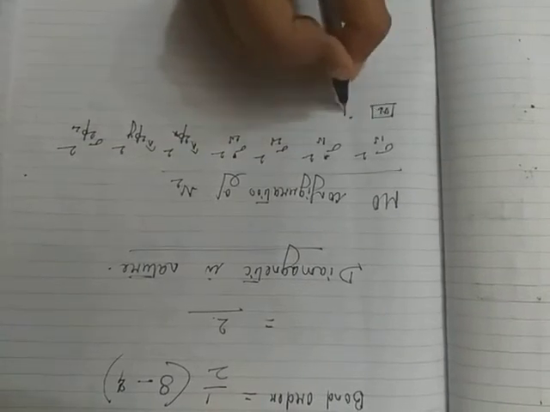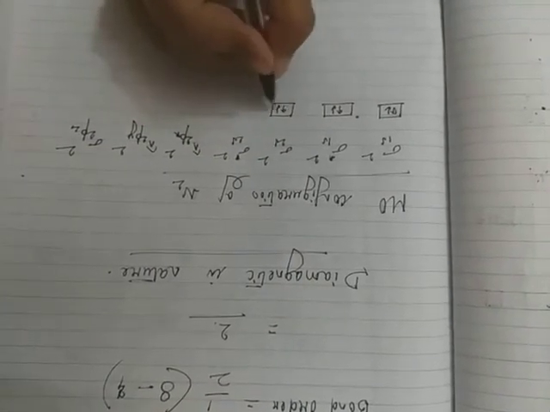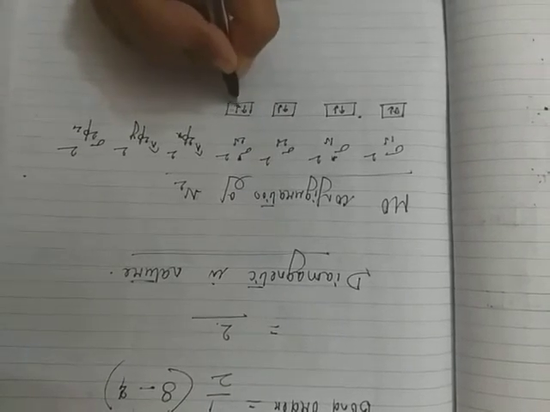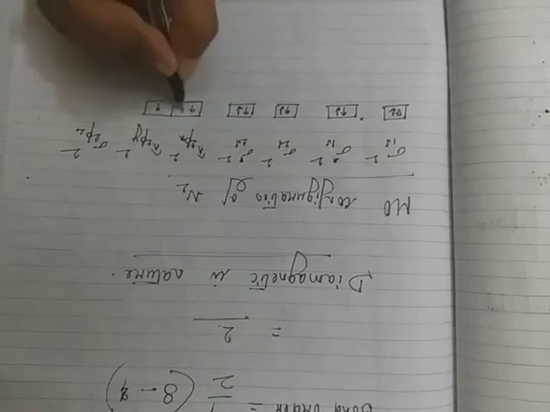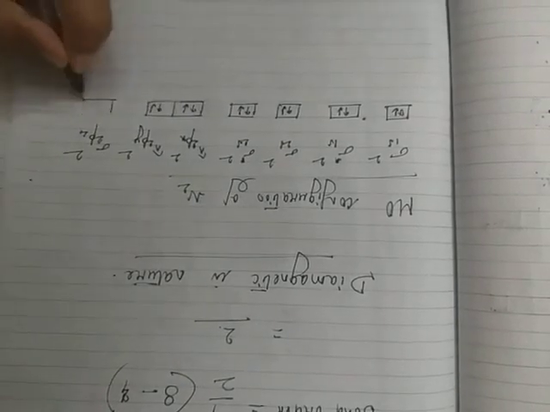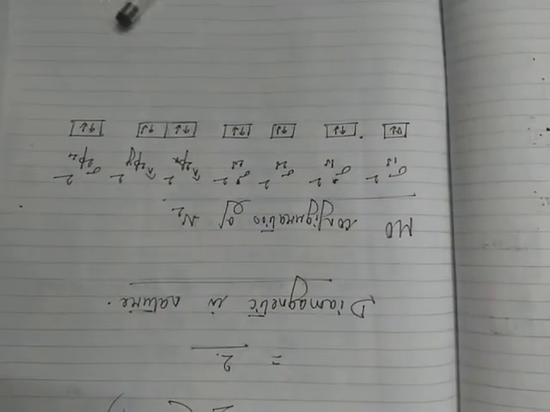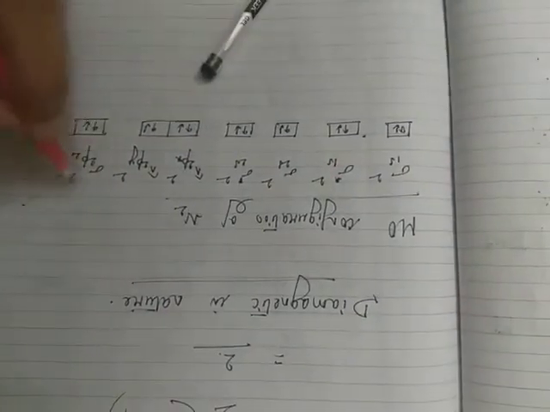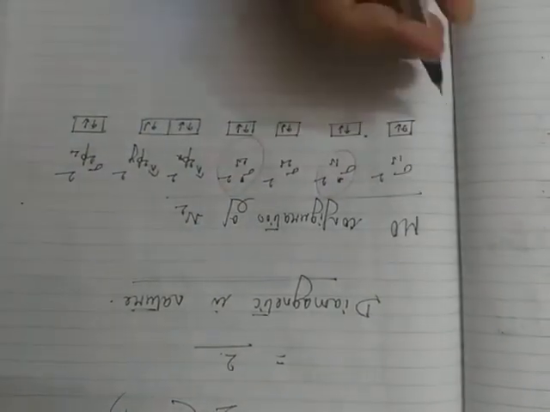So we will have the arrangement like this. See how I am filling the electrons according to Hund's rule. These are anti-bonding electrons.